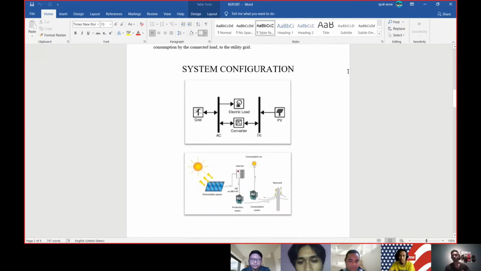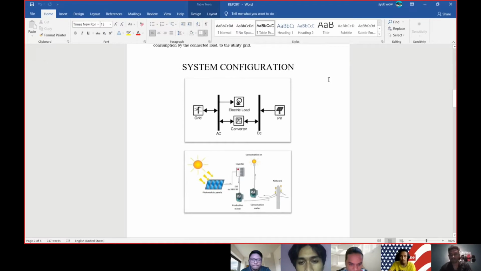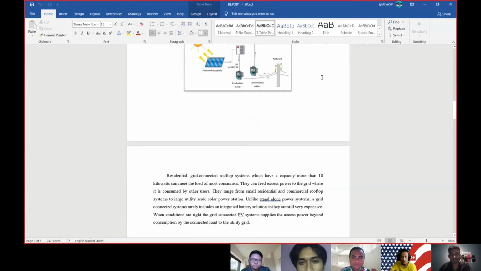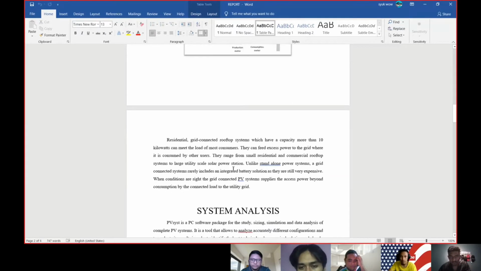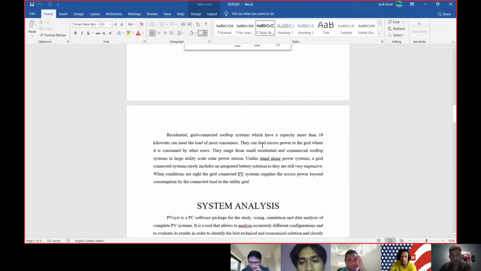So this is the system configuration. Residential grid connected rooftop systems which have a capacity of more than 10 kilowatts can meet the load of most consumers.